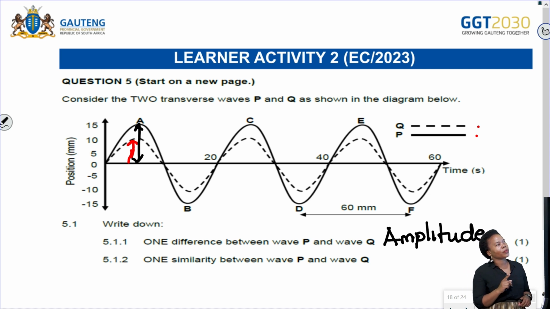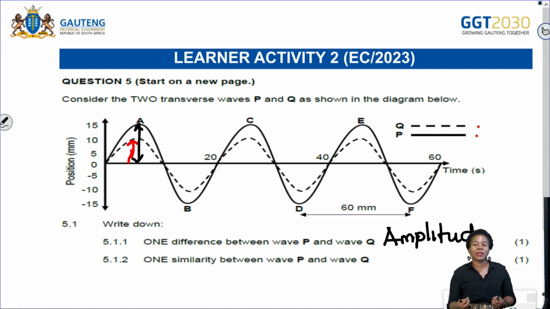As it goes up, due to the vibrations of the particles of the medium, when they come to the rest position, they come there simultaneously. Both Q and P are there at the same time. They may differ in their amplitude, but they surely will pass the rest position together. This makes their wavelength the same.